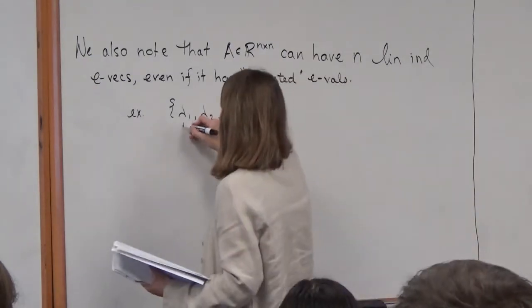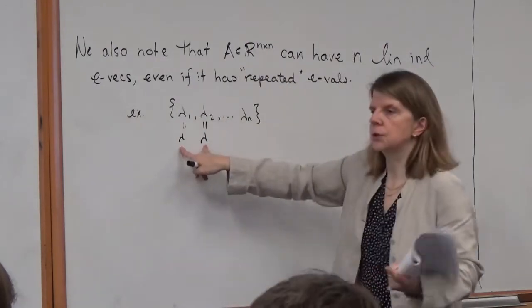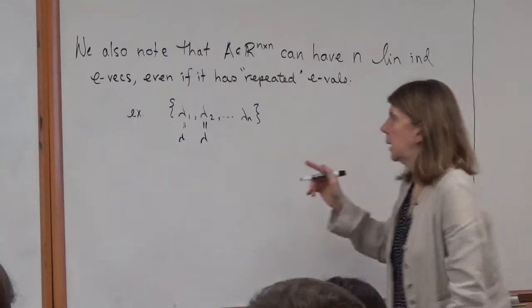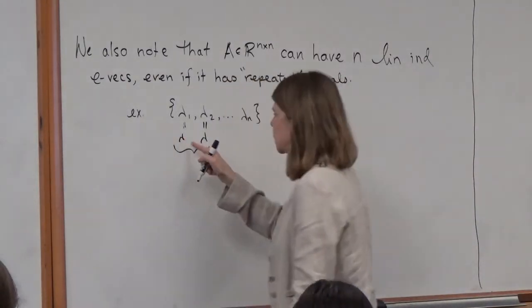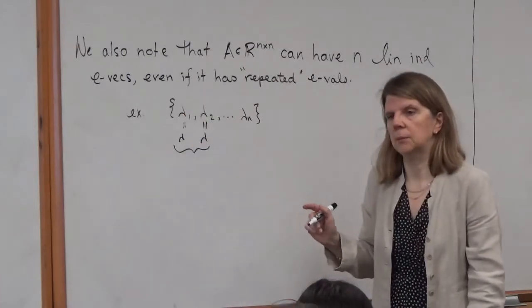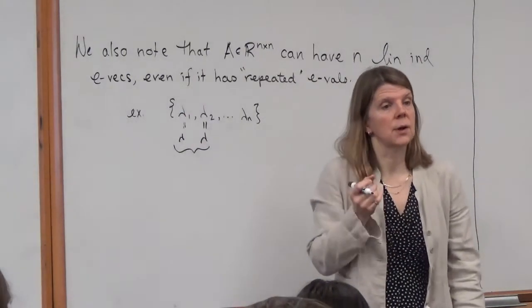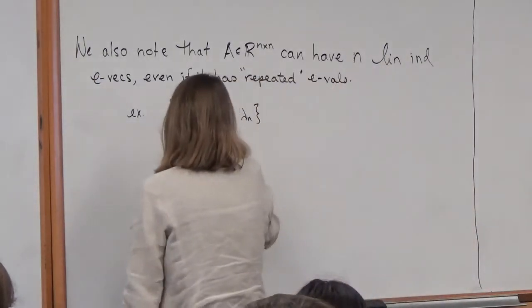Suppose this is equal to lambda, and that's equal to lambda. So it's got at least two eigenvalues that are the same. That's okay, as long as associated to that eigenvalue at lambda, of which it has two of them, there are two linearly independent eigenvectors.